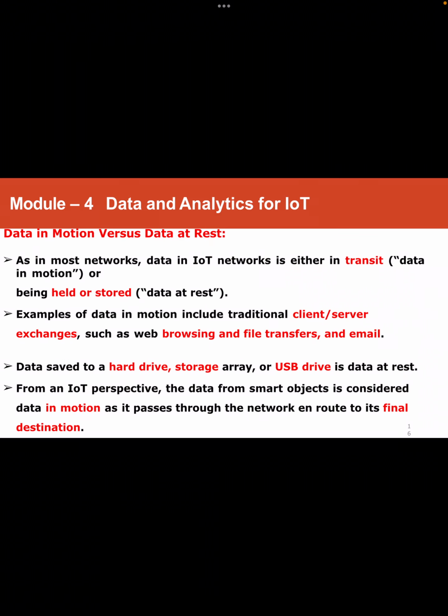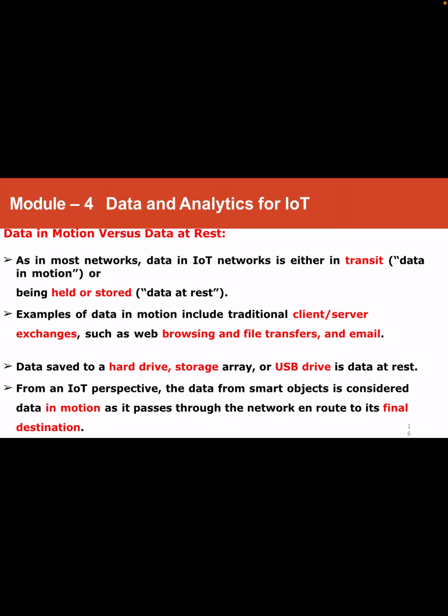The next type is data in motion versus data at rest. As the names tell, in most networks, data in IoT is either transmitted, which is data in motion, or held or stored, which is data at rest. Examples of data in motion include client and server exchanges such as browsing, file transfer or email.